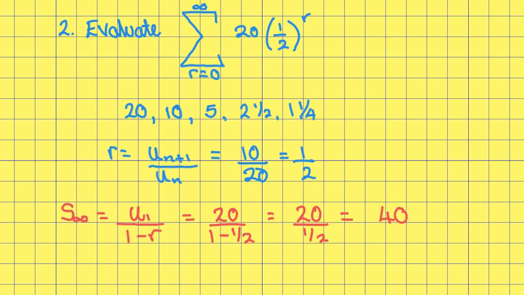So the sum to infinity of this series, 20 times a half to the power of r, is equal to 40.